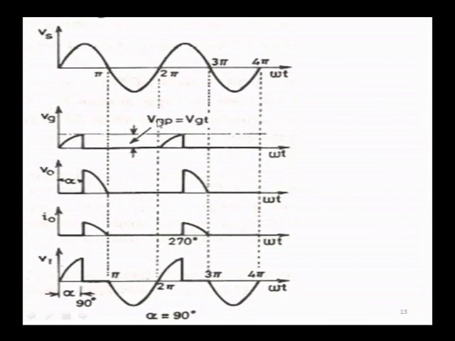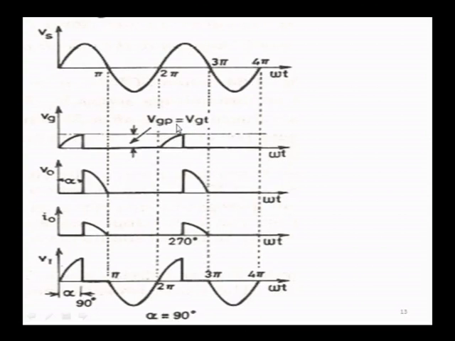Now, we can see in this graph, once again, your input sine waveform. When you make the gate peak voltage equal to the gate trigger voltage, your SCR will turn on, and the firing angle shown here is exactly 90 degrees.